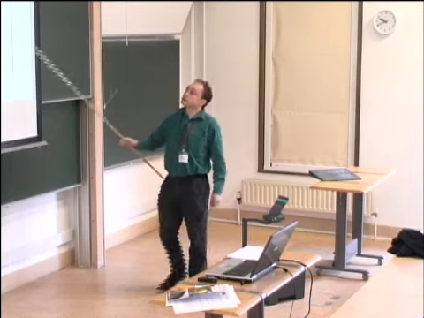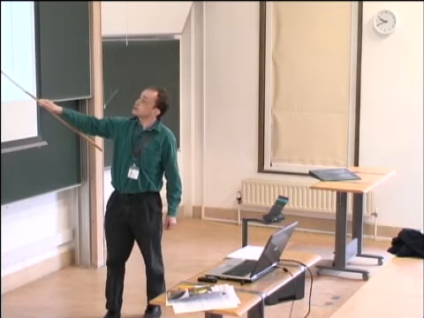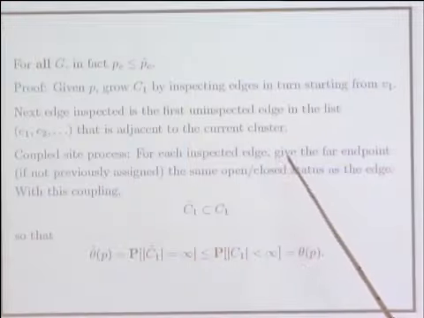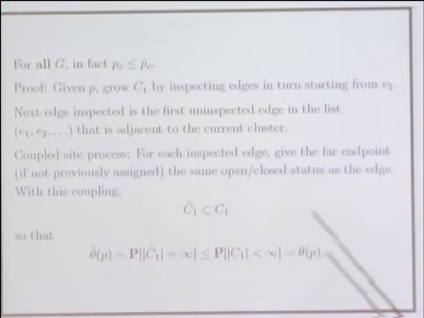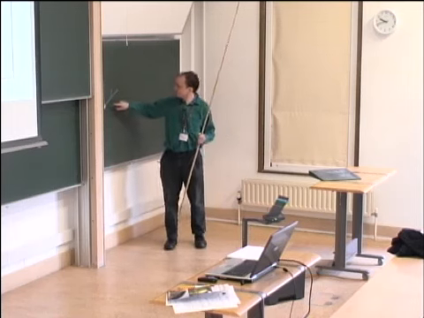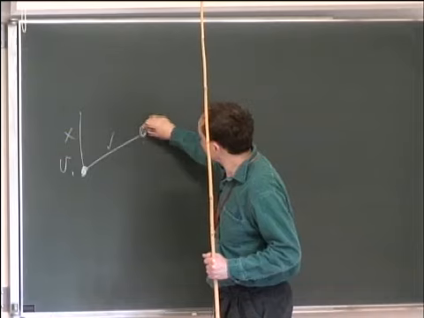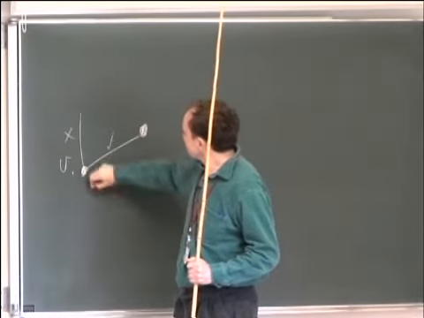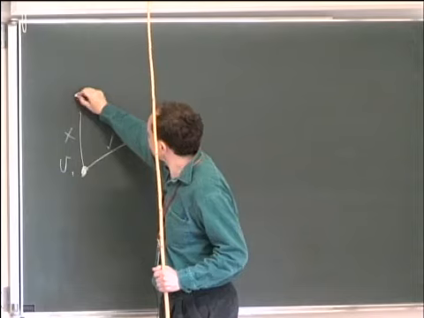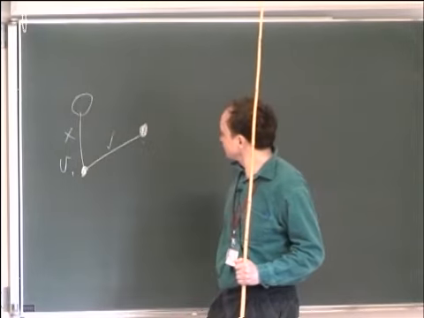And if it's open, we're getting a coupled site process: the far end point, if that's not already been considered, will be given the same status as the edge. So when I drew this edge, I should have said the far end point, which isn't one we thought about before, will be open. And then this one was not open, so if that's the next one we considered, that one will be closed. So do it that way.